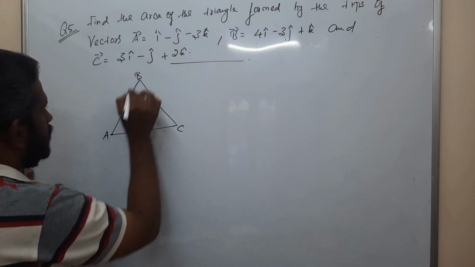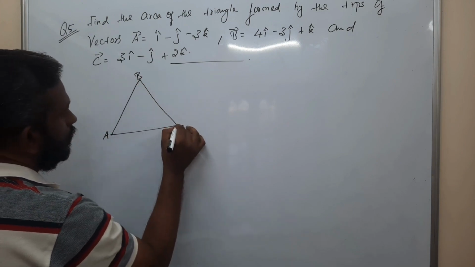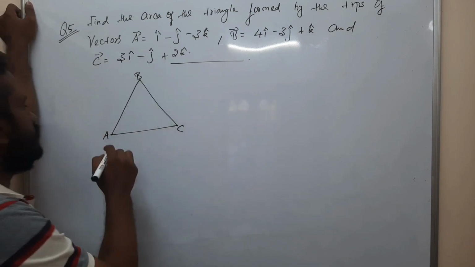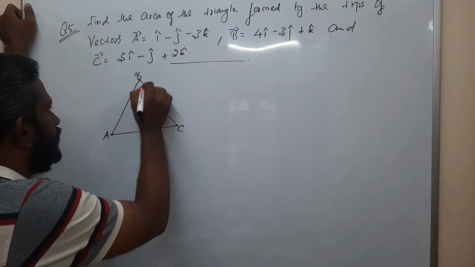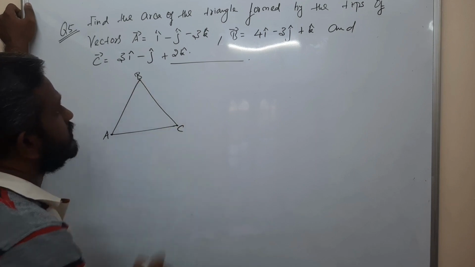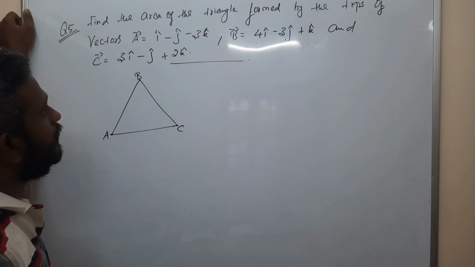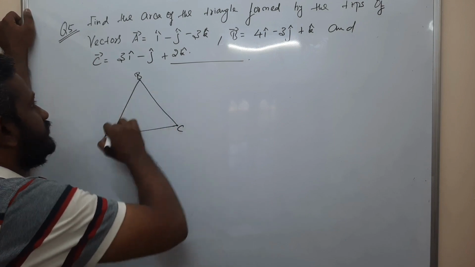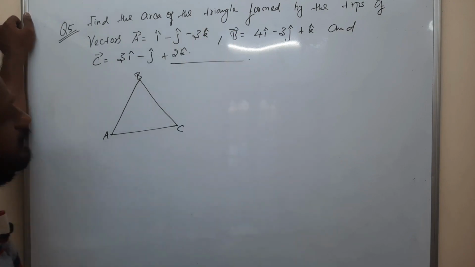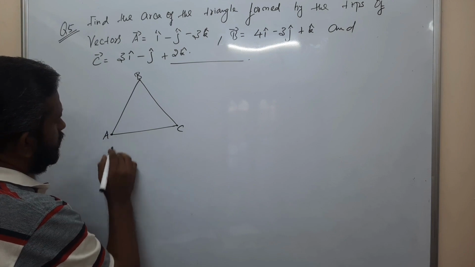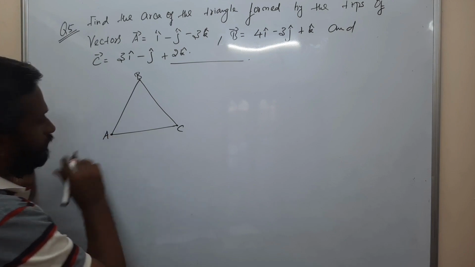The 3 points, point A, point B and point C, are given in the form of vectors, in rectangular components. That means each point is at a distance from the origin.